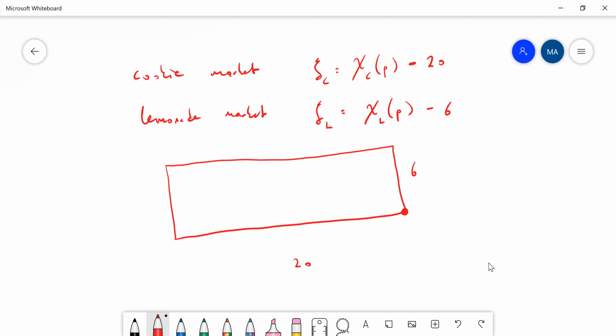I have 6 glasses of lemonade, but 0 cookies. All right. So I am the lemonade guy, and you are the cookie guys. Okay. So if this is the initial endowment, we're gonna find somewhere here a Walrasian equilibrium. And that Walrasian equilibrium, of course, will be Pareto efficient, right?